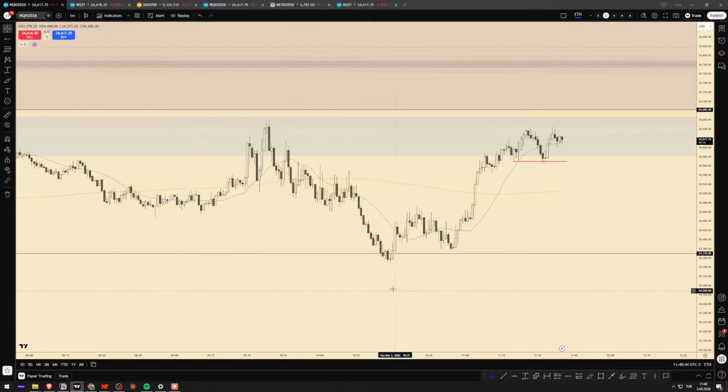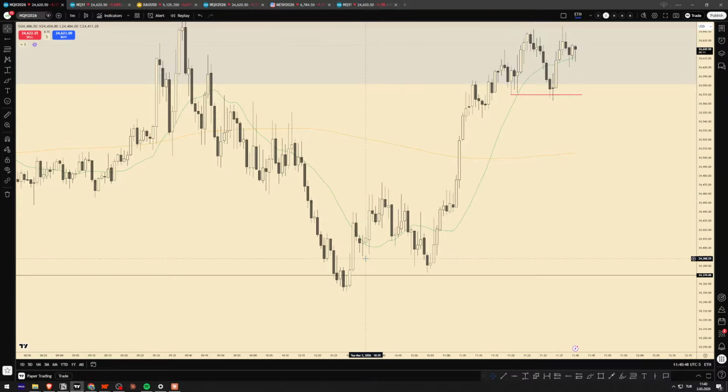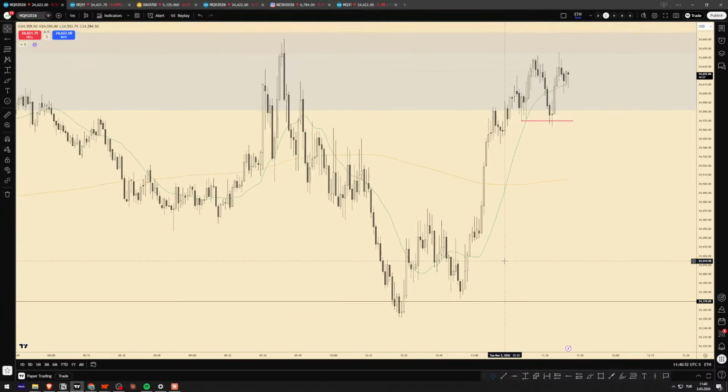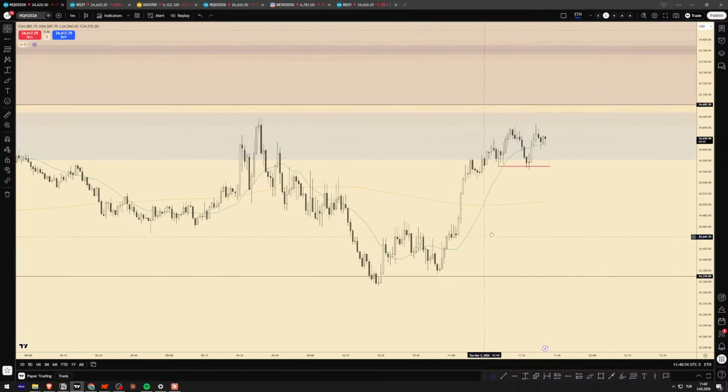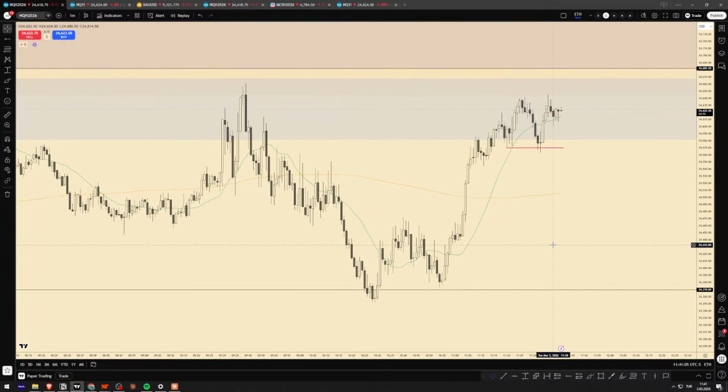For example, they buy 500 lots over here, maybe buy 1,000 here, or 200, 200, 200, and they eventually accumulate. After the accumulation, they start this expansion by buying at a little more expensive prices.